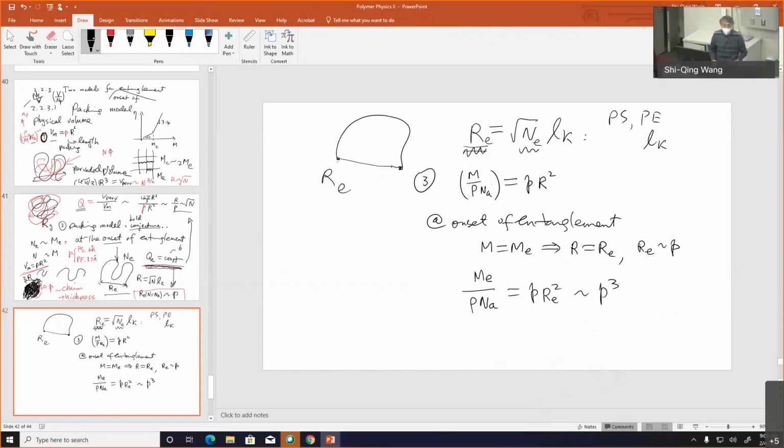This is a powerful relationship. The lowest molecular weight necessary for the emergence of entanglement, entanglement defined as how crowded it is in this model, perhaps that's what packing means, how crowded it is, is going to be described by the molecular weight in terms of the packing length.